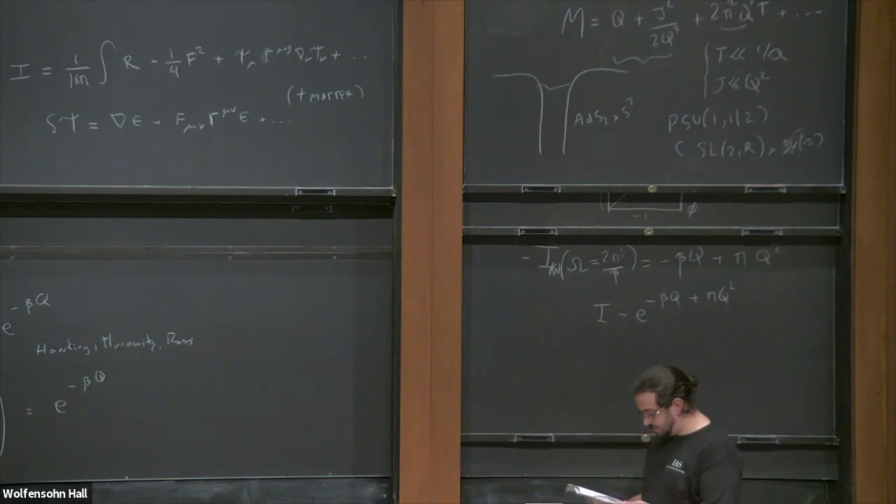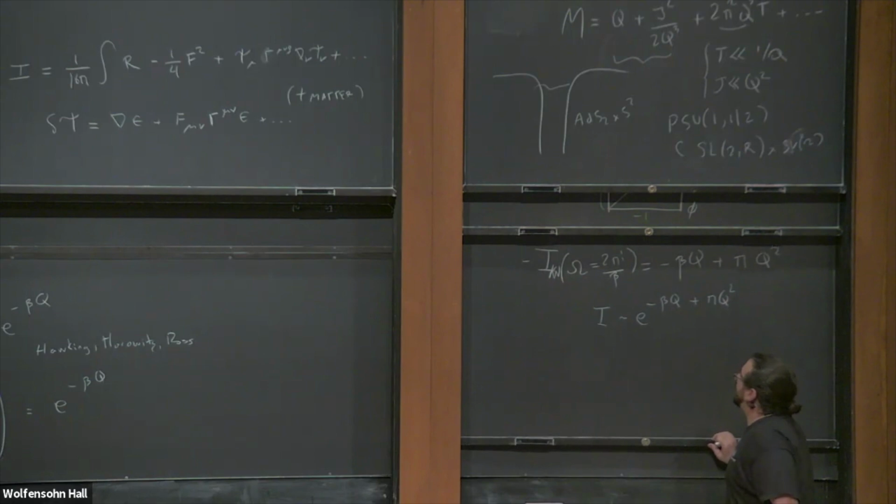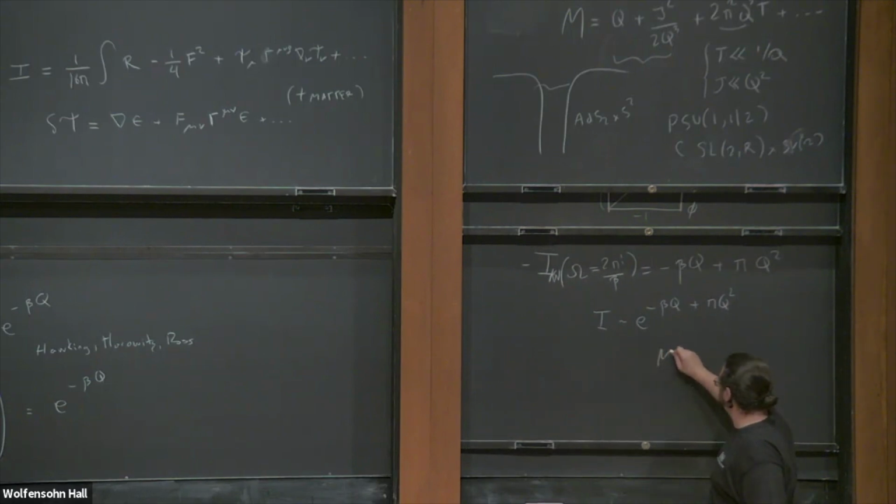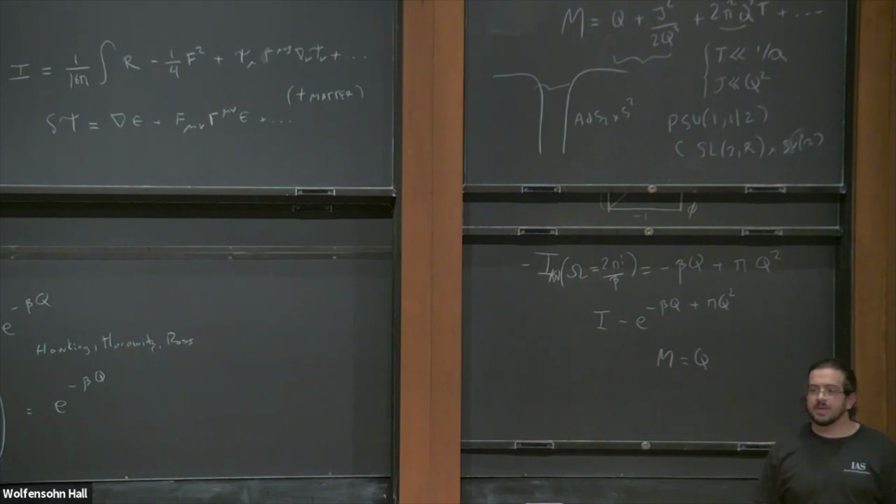But there is an issue. Well, before I mention the issue, another thing with this saddle is that we can compute the mass, and it's equal to Q. So this implies that the Killing spinor equation is integrable, and there is a solution. There is a Killing spinor. So this saddle is supersymmetric even at finite temperature.